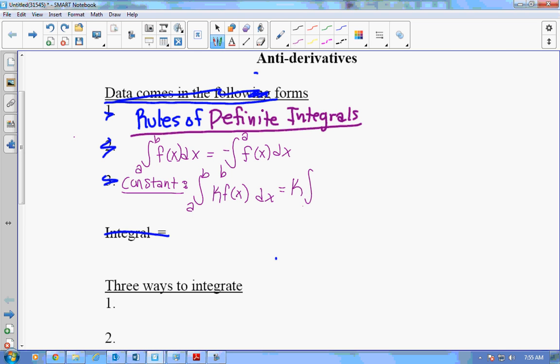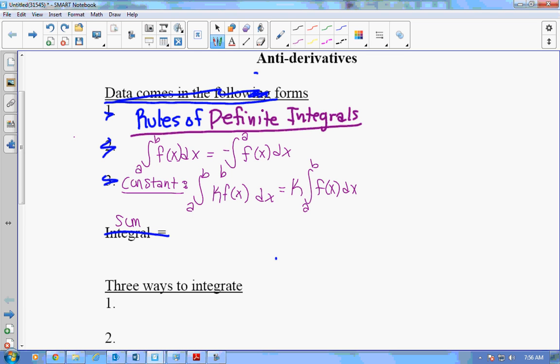And it'll be k times the integral of f of x from a to b dx. Okay? Same with derivative. That little multiplier, if it's a constant multiplier, you can pop it out in front.